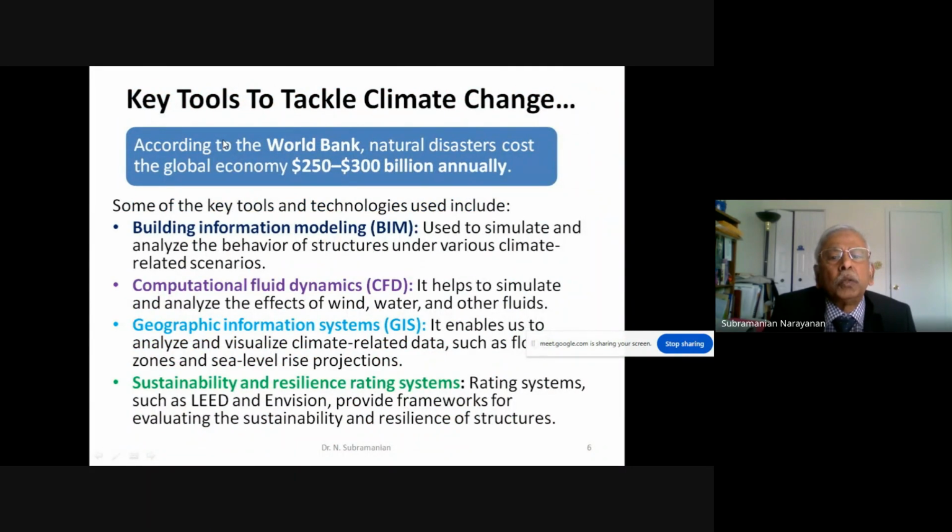So some of the key tools to tackle climate change are building information modeling, computational fluid dynamics, geographic information systems, and sustainability and resilience rating systems. These rating systems, such as LEED and Envision, provide frameworks for evaluating the sustainability and resilience of structures. According to the World Bank, natural disasters cost the global economy 250 to 300 billion dollars annually.